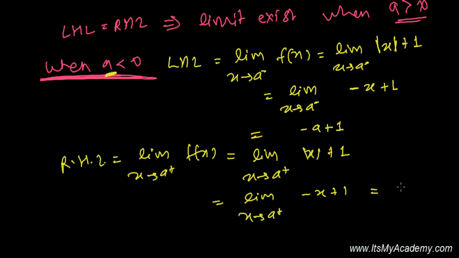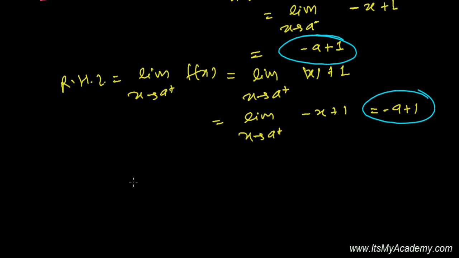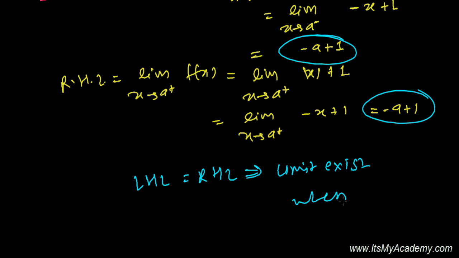Let's plug in the value, it's going to be minus a plus 1. Wonderful, again we got the left-hand limit and right-hand limit equal. So again the left-hand limit equals the right-hand limit, which gives us that the limit exists when a is smaller than 0.